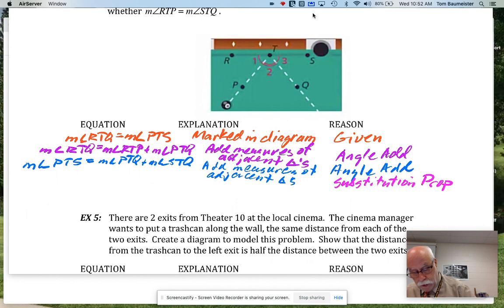So we're going to substitute for angle RTQ and angle PTS.